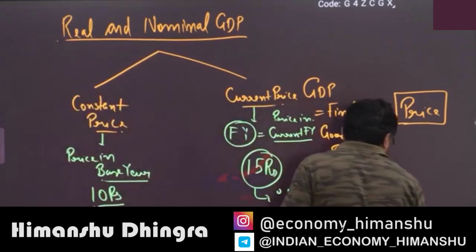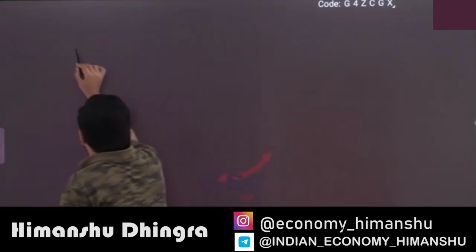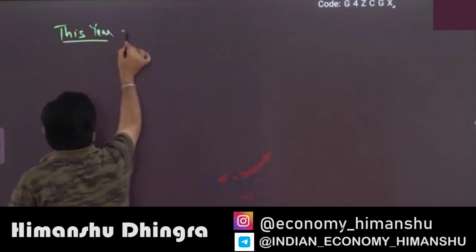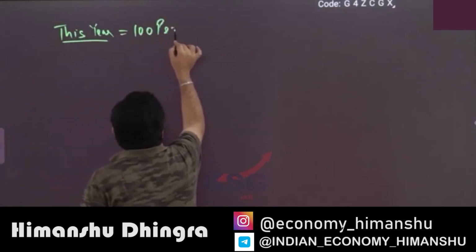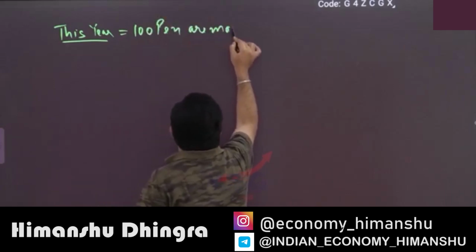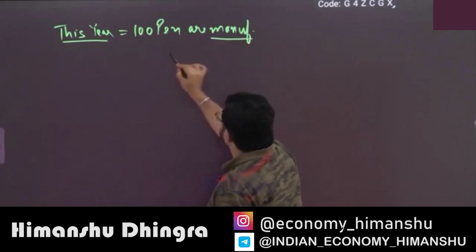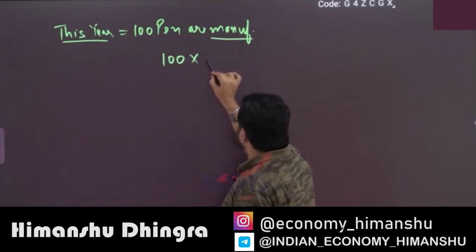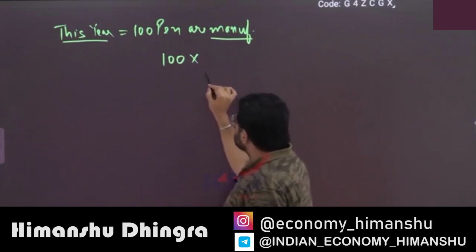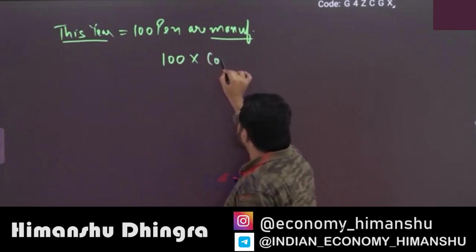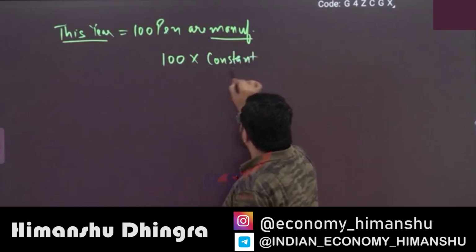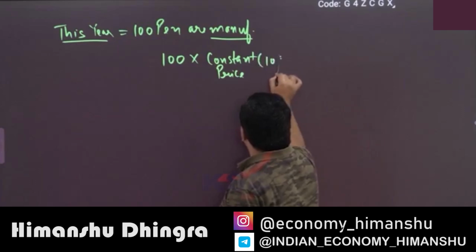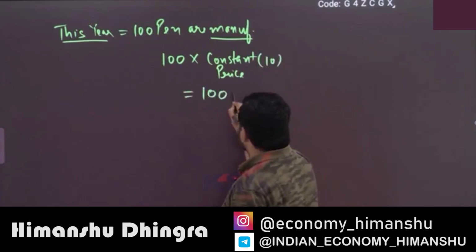Now suppose this year 100 pens are manufactured. I'll calculate GDP in this way: 100 into price, and I have two prices, constant and current. If I calculate using constant price, it will be 100 into 10, so the GDP will be 1000.